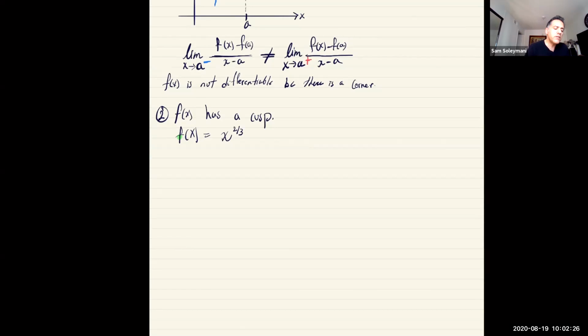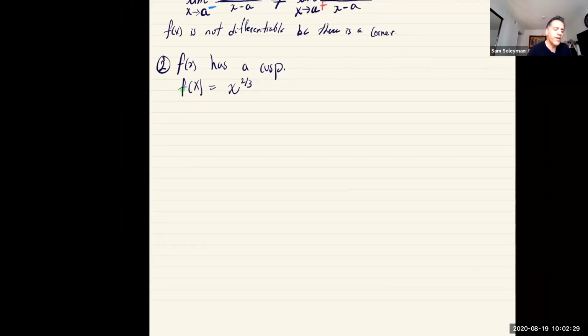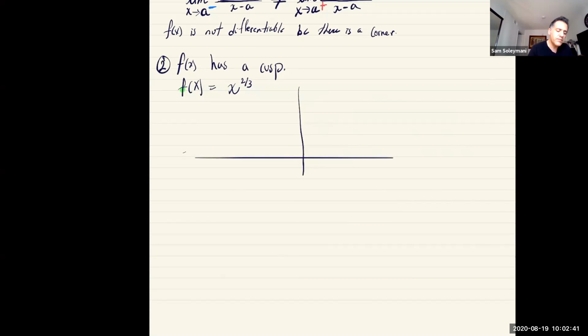But x to the 2/3, if I do my best to graph this, it looks something like this. Oh, let's do that again.